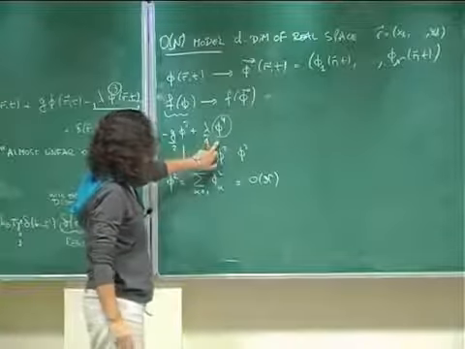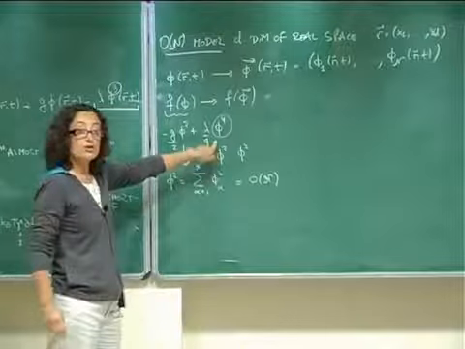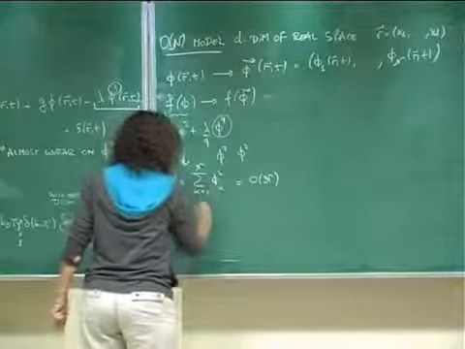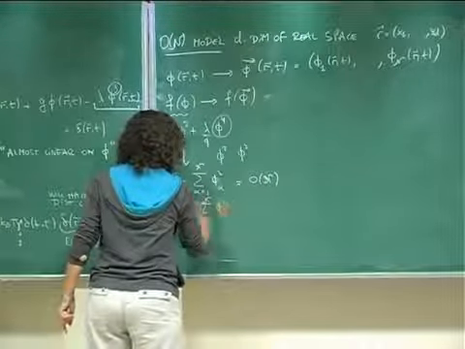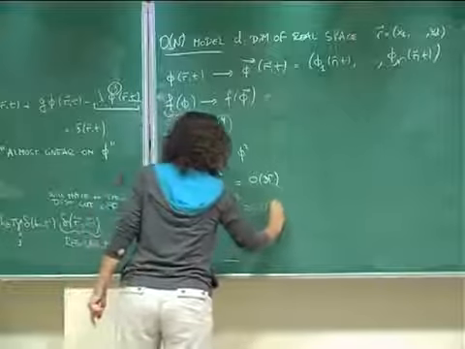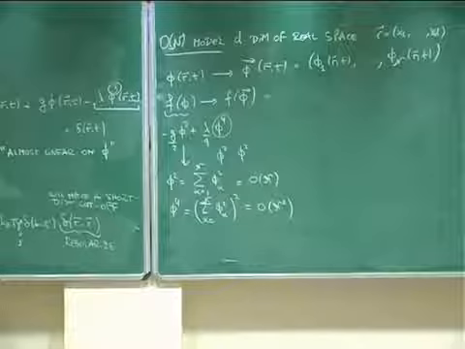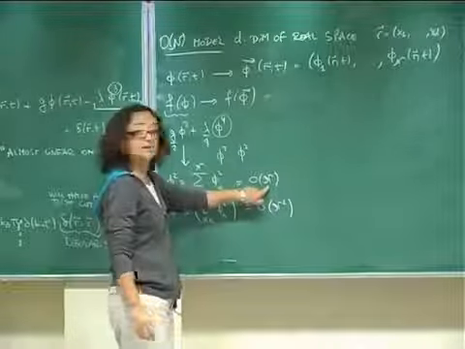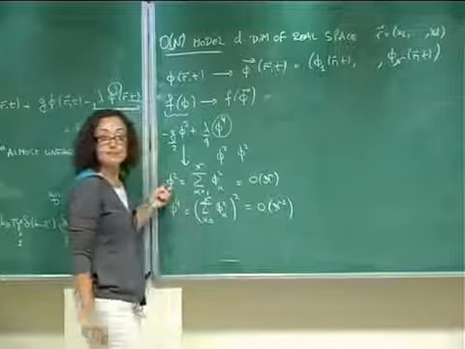So the second one, if I keep it like this, will be order n squared. So if at some point of my calculation I would like to take a large n limit, this term written like this is much larger than the other one.